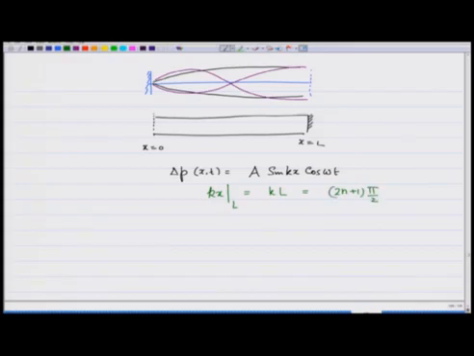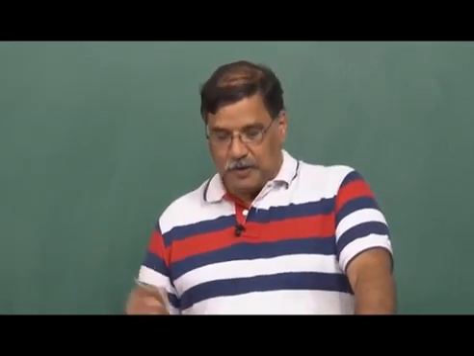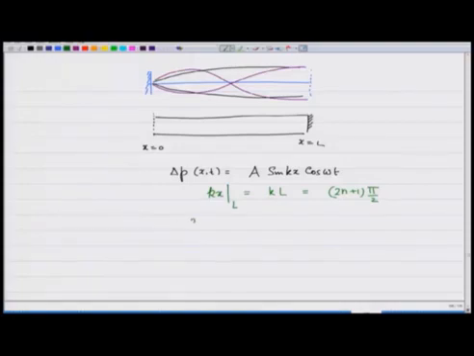So, it gives me exactly the same answer as that for a string which is tied at one end and is being shaken on the other side, and this again gives me 2 pi over lambda L equals 2n plus 1 pi by 2, and I can cancel a few terms.